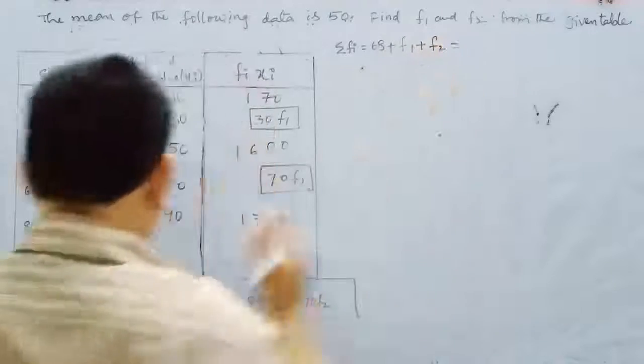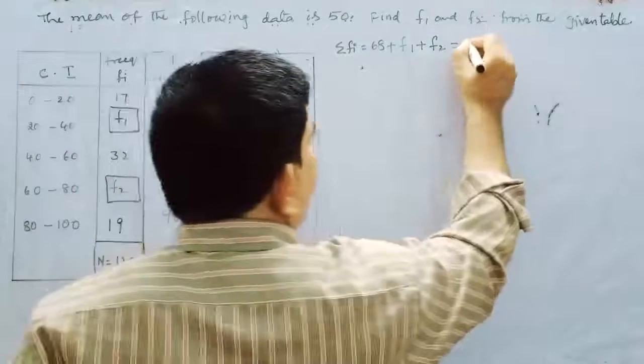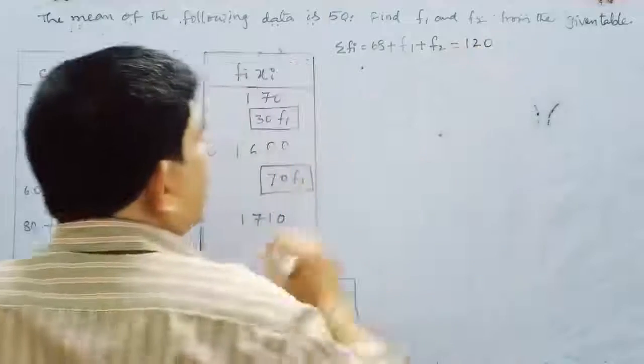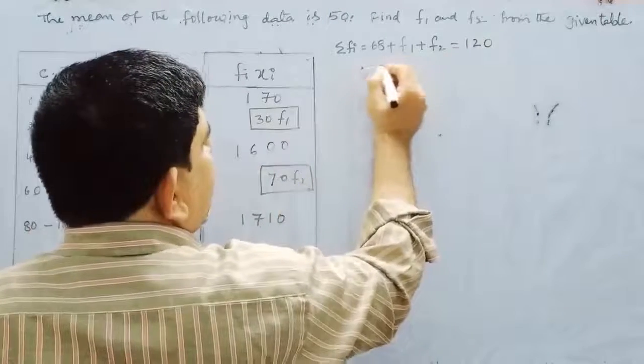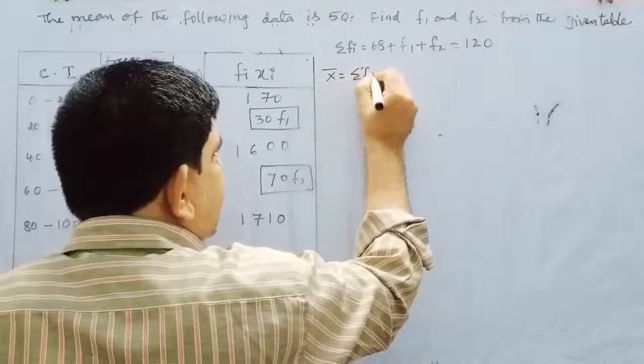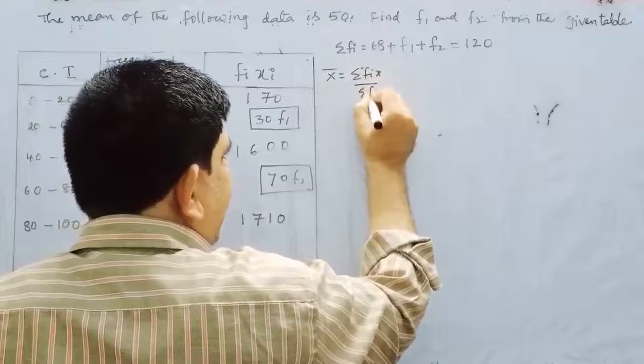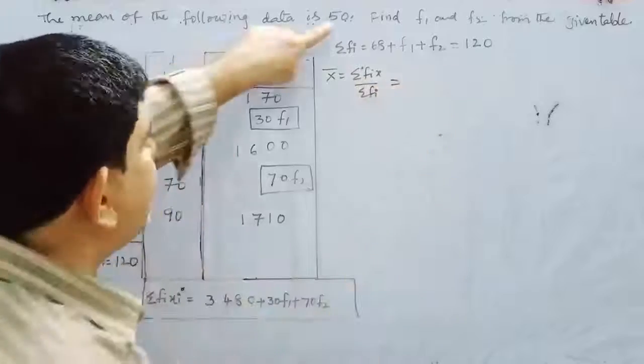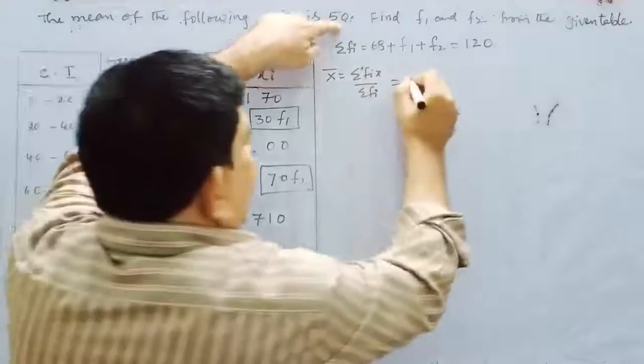So that is equal to how much? 120. Now from this, x bar is equal to sigma Fi xi by sigma Fi. The mean of the data is 50.